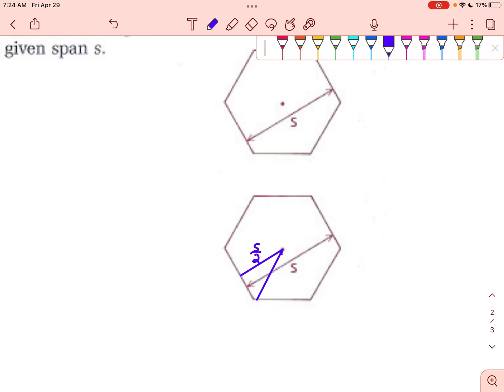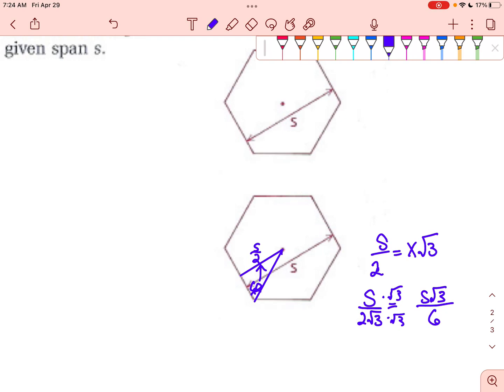And when you end up building your right triangle in this 60-degree angle, so this S over 2 is always equal to the x root 3 side. And if you were to go through and solve this and divide by root 3, and you have S over 2 root 3, and you multiply by root 3, you end up with S root 3 over 6.